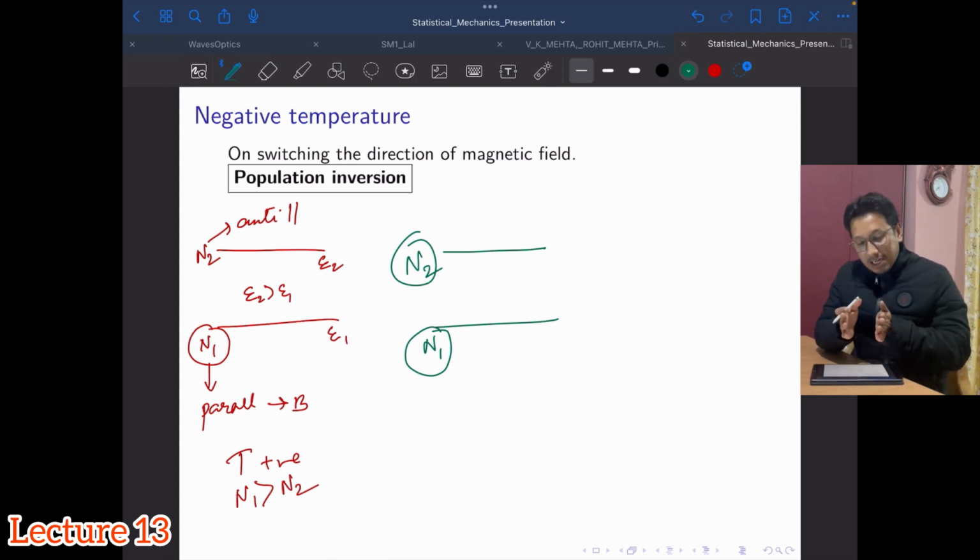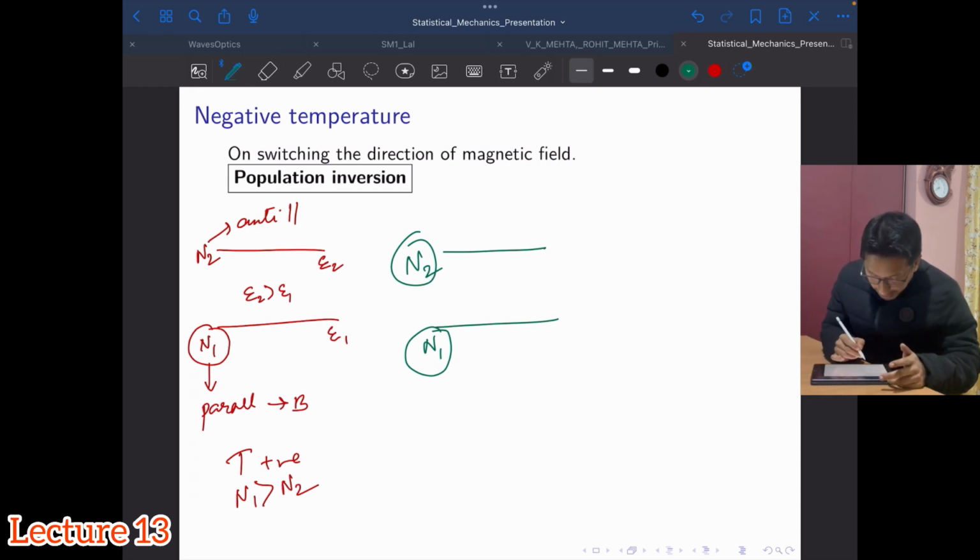Because for a paramagnetic substance, the atoms which are parallel to the magnetic field have lower energy than the anti-parallel atoms.